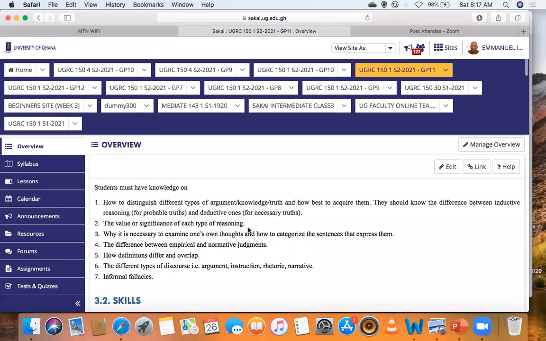And so what you would notice is that the first half of this semester is designed to study some language tools. It's a little bit like your English language classes, but it is very different. We'll just be treating those language tools that we need for the business of reasoning.